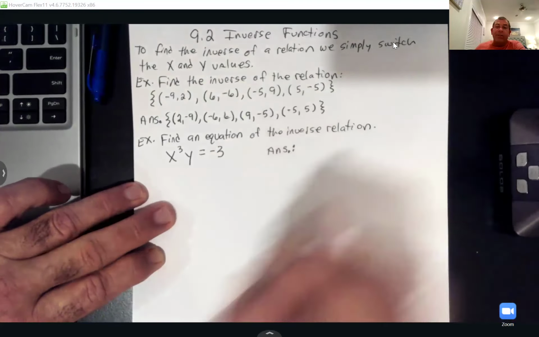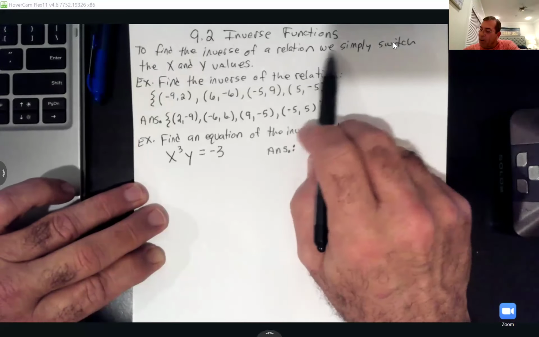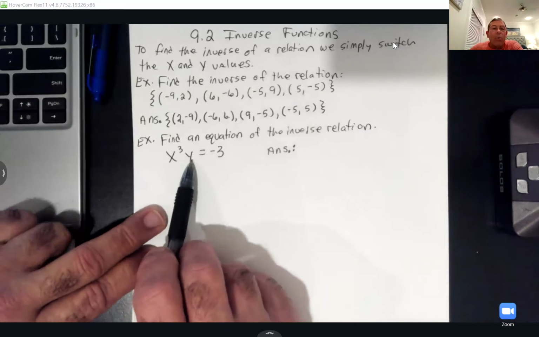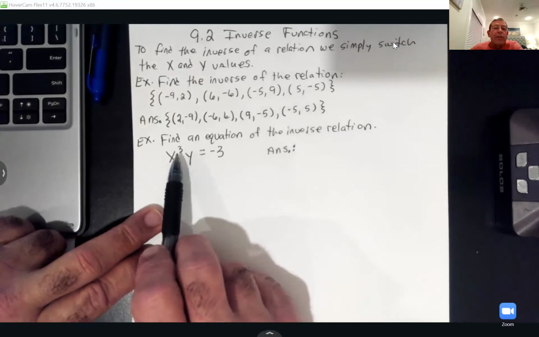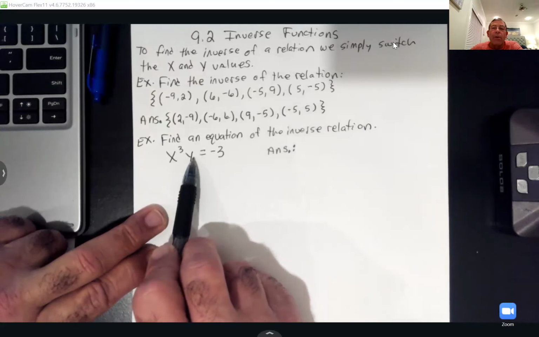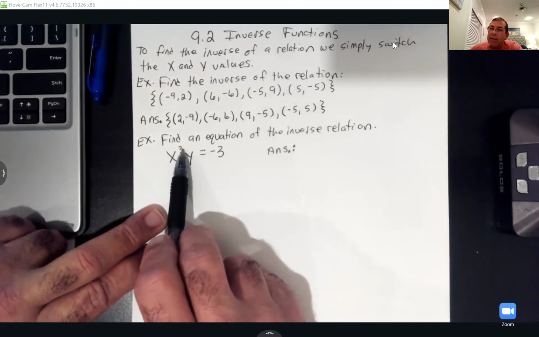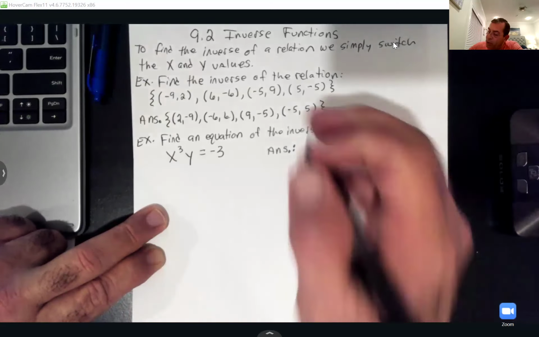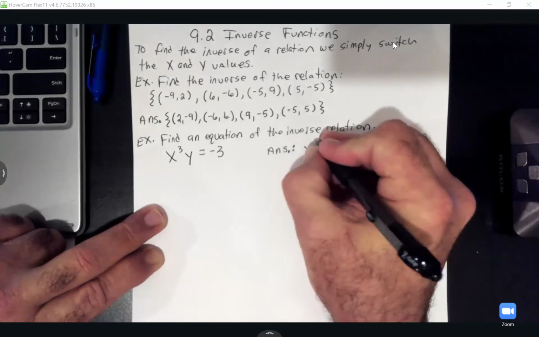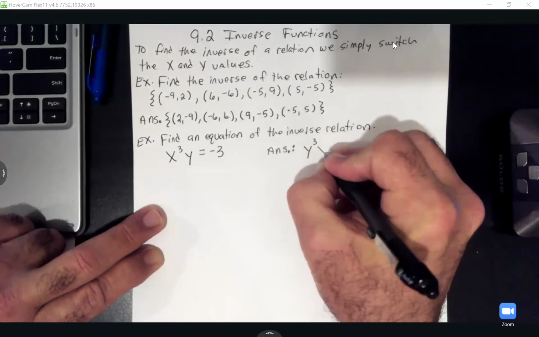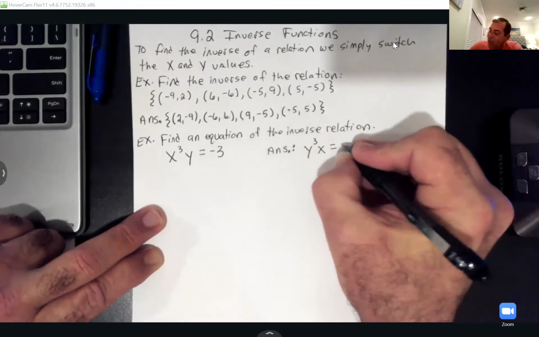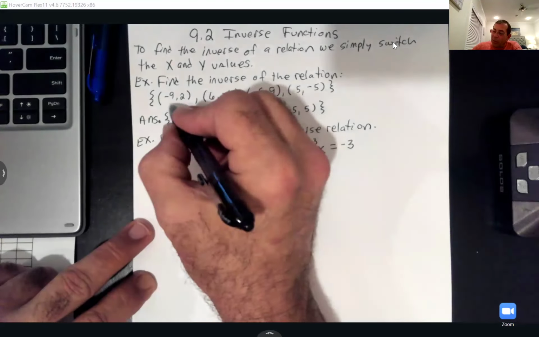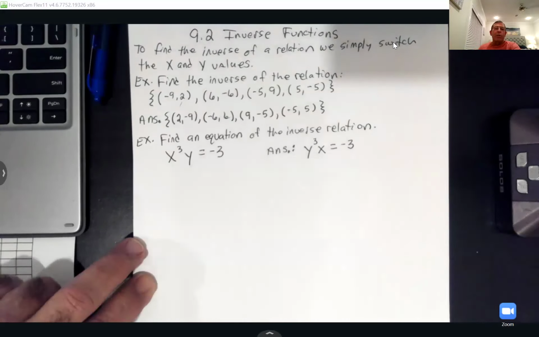For my answer, now remember, all I'm going to do to find the inverse of an equation in this form, all we're going to do is switch the x and the y. But y'all, the exponent don't move. It stays there. So instead of this being an x to the third, I'm going to switch them. That'll be y to the third, and then our x, and then that'll equal the -3. So here I switched them.